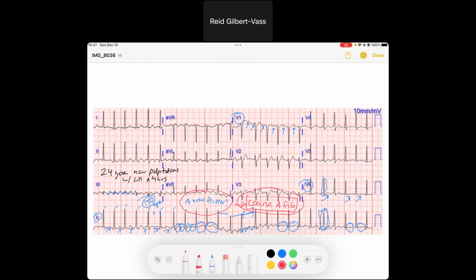Looking at our QRS axis here, we've got QRS that is up in lead 1 and up in aVF, so we know it's going down to the left, so that is normal axis. So we say this is coarse AFib, a rate of 150 beats per minute. Now I don't see any major evidence of ischemia here.